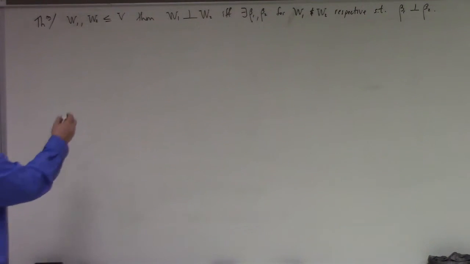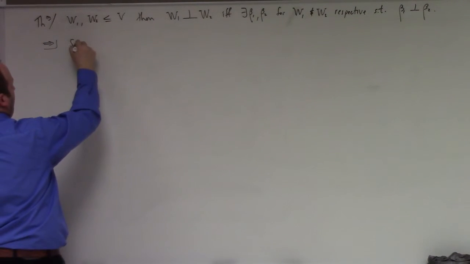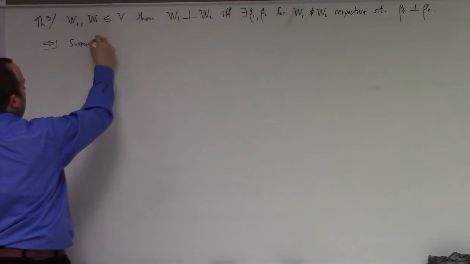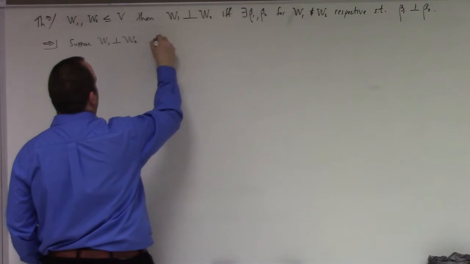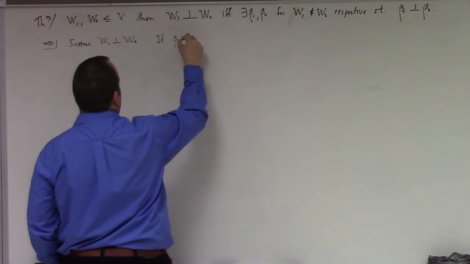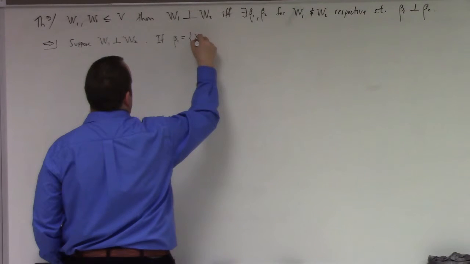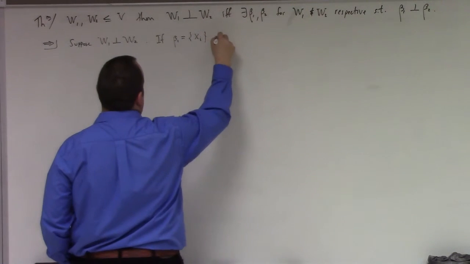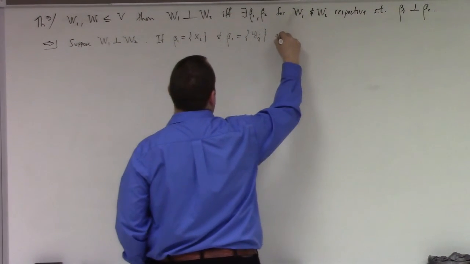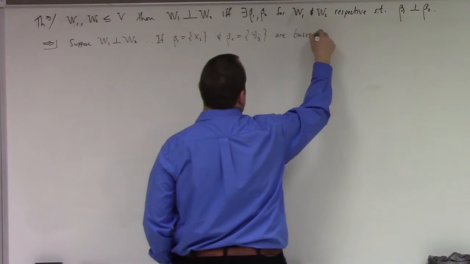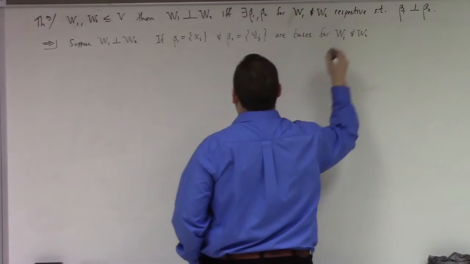I think I'll just prove this direction today. So suppose W1 is perp to W2. If beta 1 equals, say, xi, and beta 2 equals, say, yj, are bases for W1 and W2, then what?